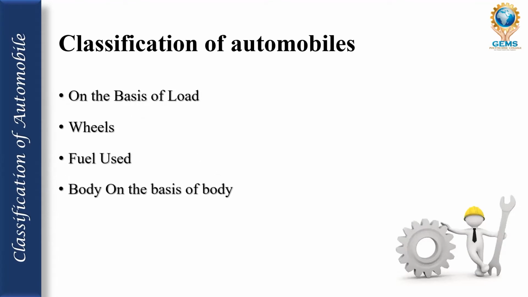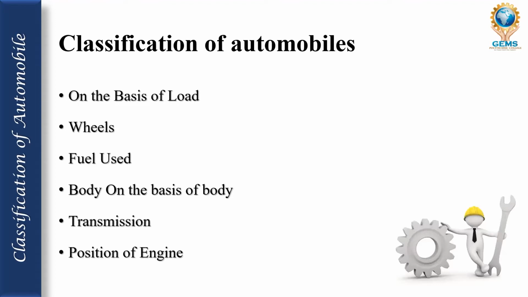Number four, on the basis of body. Number five, classification based on the transmission. Number six, classification based on the position of engine. So these are the 6 categories into which we divided the classification of automobiles.